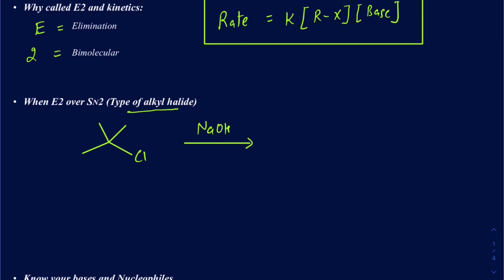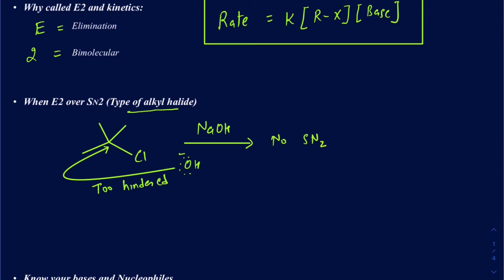And I know the OH minus, we have learned it's a strong nucleophile, but then remember it's also a strong base. Now this really cannot do an SN2 reaction because for it to go in there and attack right there is almost going to be impossible because it's too sterically hindered. So it's too hindered for SN2 to take place. So you can't have an SN2 there.